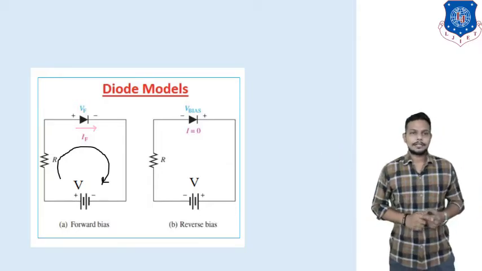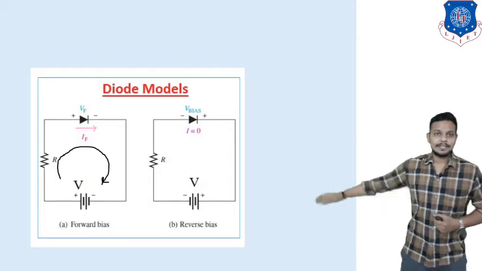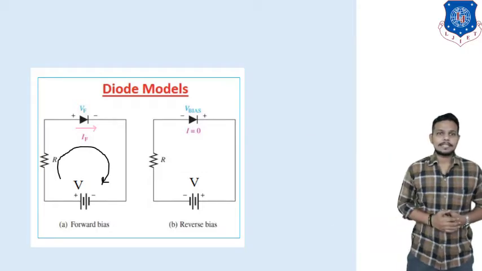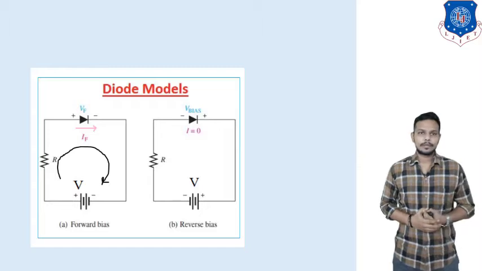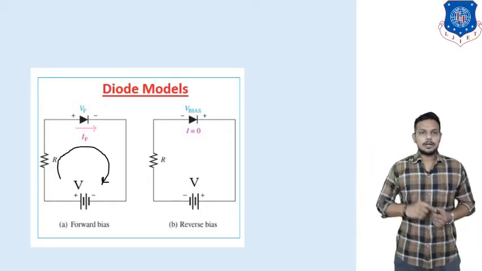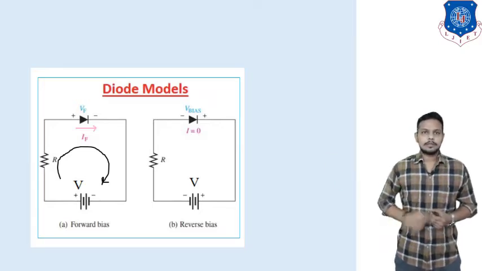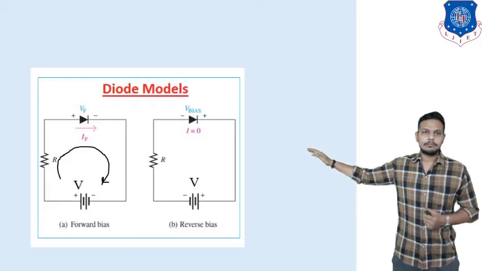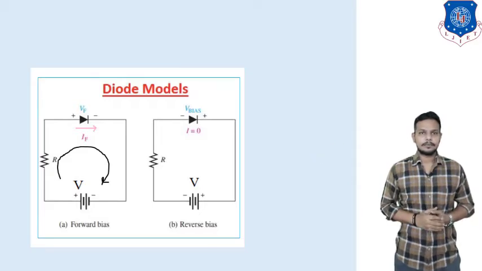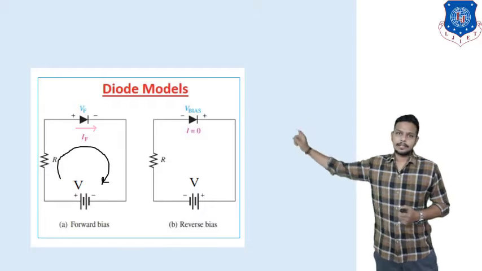So this diode is equivalent to a closed circuit. In reverse bias, in figure B, the current flows from plus to minus, which is the opposite direction of the diode symbol. So its equivalent circuit will be an open circuit, and there will be no current flow in this circuit.